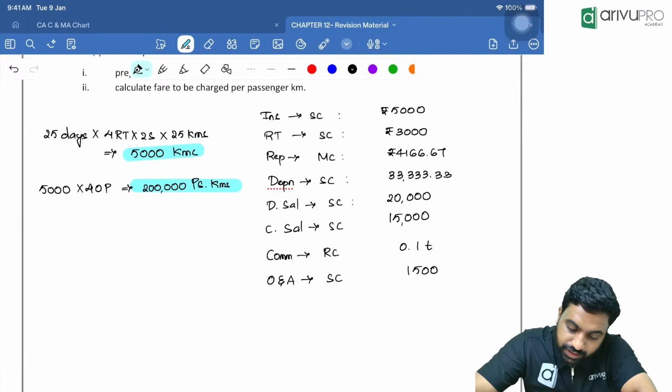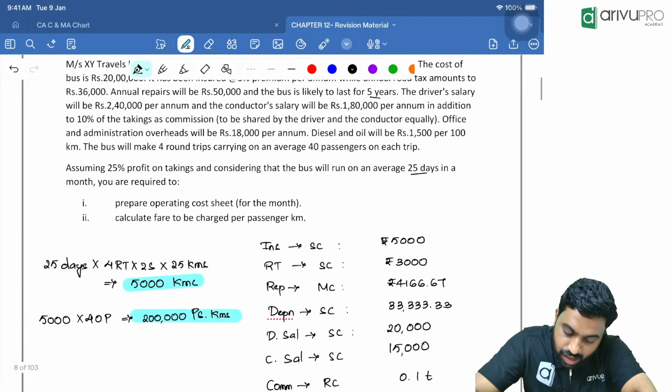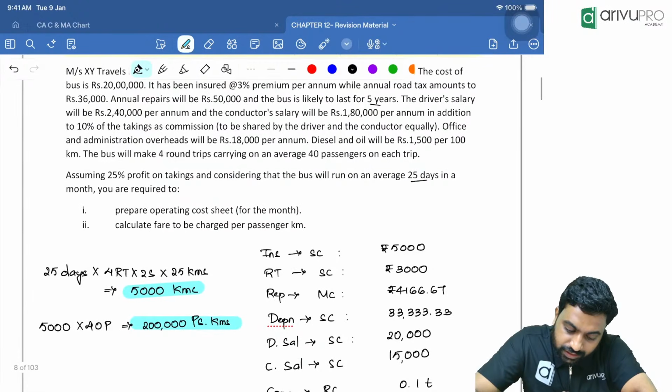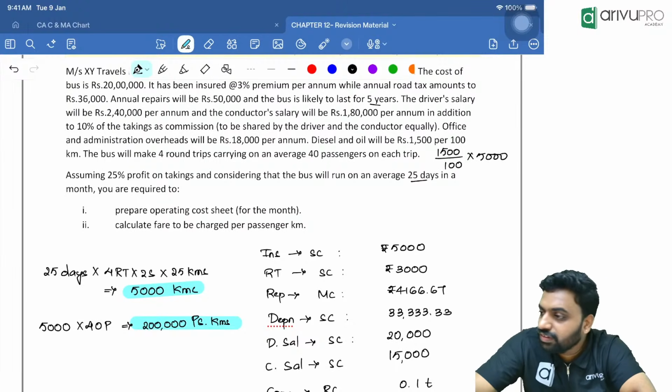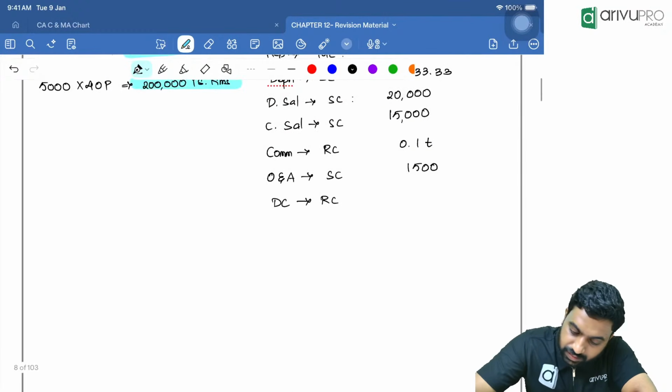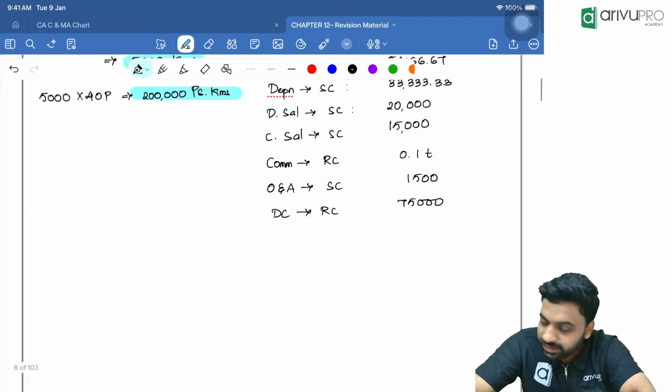Now talking about diesel cost, which is running charges. They are telling 1,500 for 100 kilometers, that means 15 rupees per kilometer, and in that month we are traveling 5,000 kilometers. 75,000 will be your diesel charges.